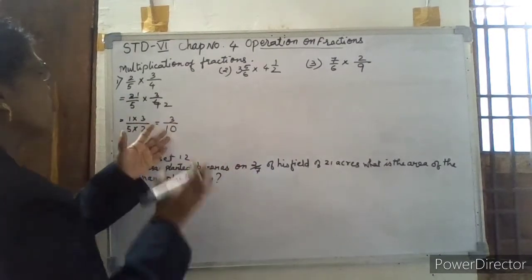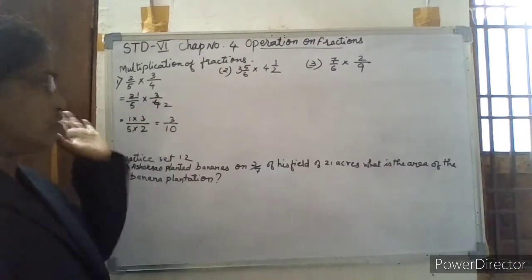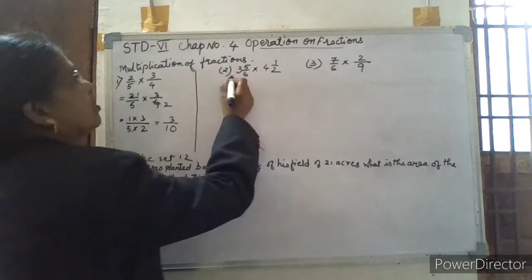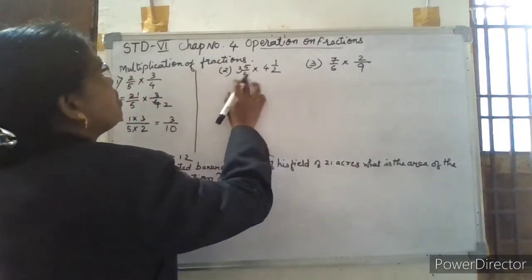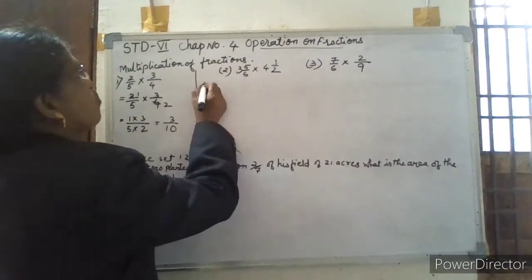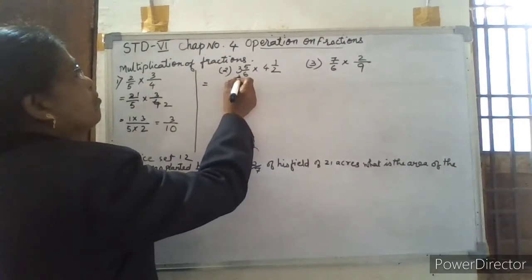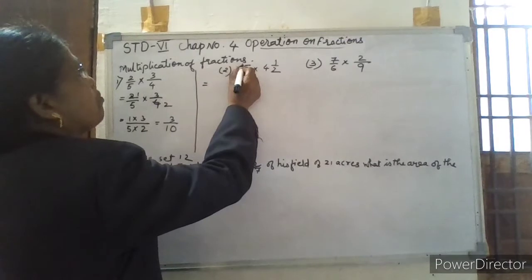Now the second question. Here see, these are two mixed fractions given here. So I will convert them into improper fractions. I'll write down the question.